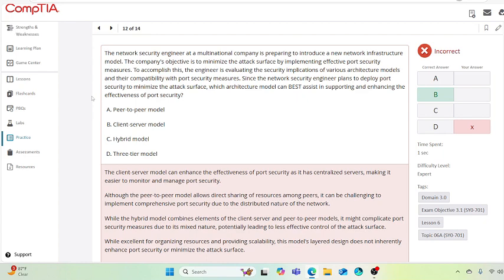Since the network security engineer plans to deploy port security to minimize the attack surface, which architecture model can best assist in supporting and enhancing the effectiveness of port security? Client-server model. The client-server model can enhance the effectiveness of port security as it has centralized servers, making it easier to monitor and manage port security.